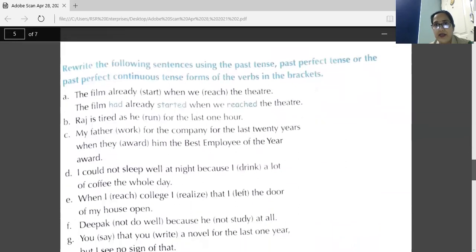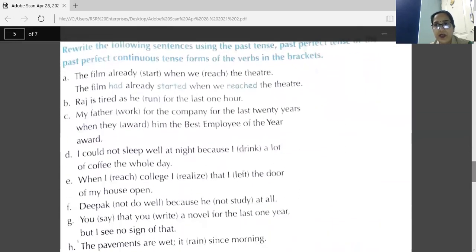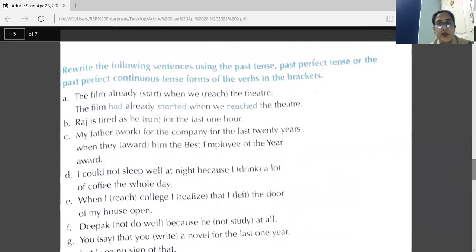Next, we have this exercise here. You have to use past tense, past perfect tense, or past perfect continuous tense. First is done. The film already started, the word given there in the bracket, when we reached the theater.